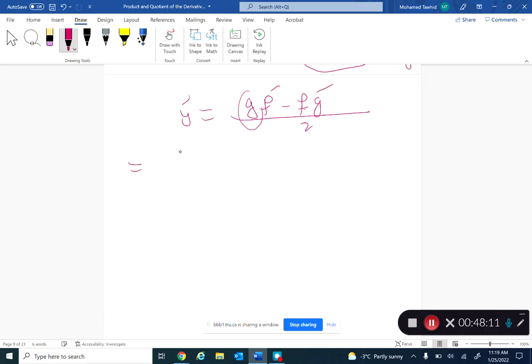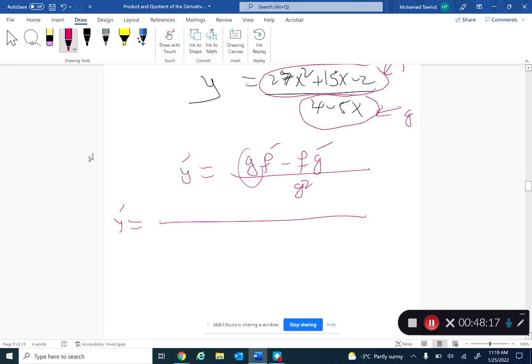So y prime here, guys, y prime will be g squared. That is your g squared here. So just copy from up, it will be 4 minus 5x, squared, right? G, what is your g? It will be 4 minus 5x, and multiply by 27x squared plus 15x minus 2, prime.